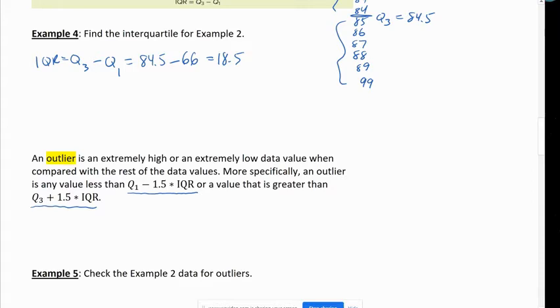Anything below the smaller one and above the bigger one would be considered outliers. And so in this example, Q1 is 66, so 66 minus 1.5 times our IQR of 18.5.